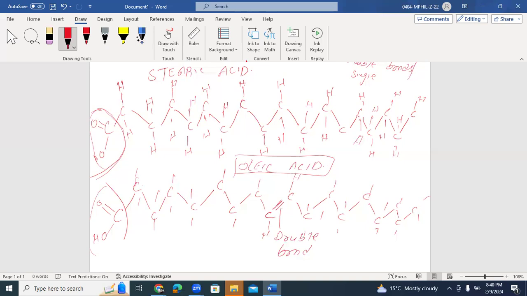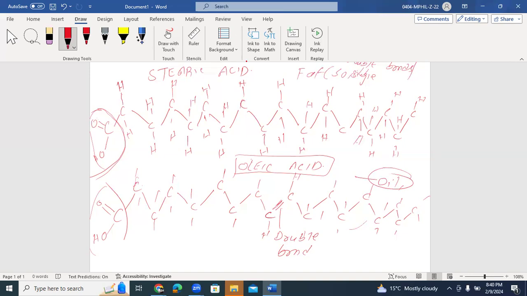Now, the form of the fatty acid in the case of oleic acid is oil. And stearic acid, the fat, is in the form of solid. Are you getting this point?